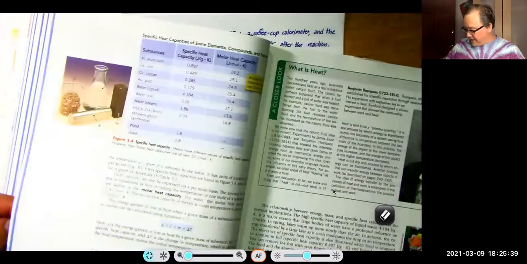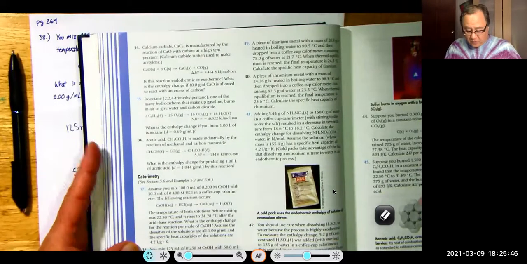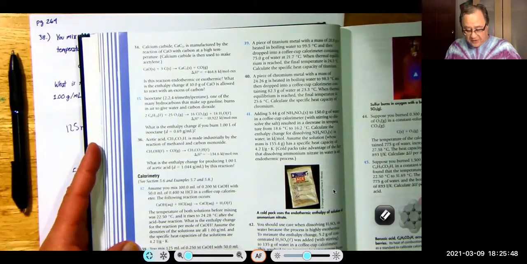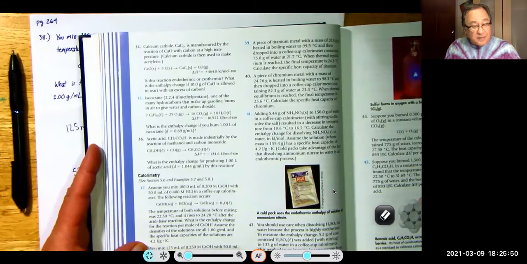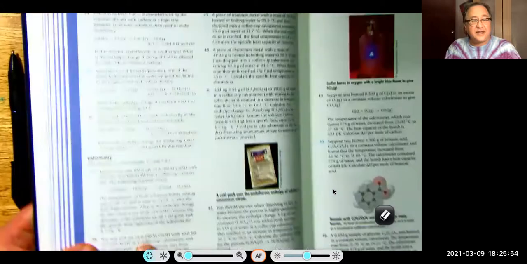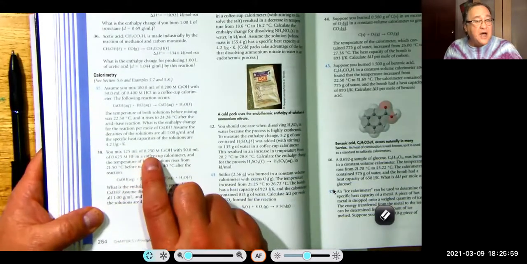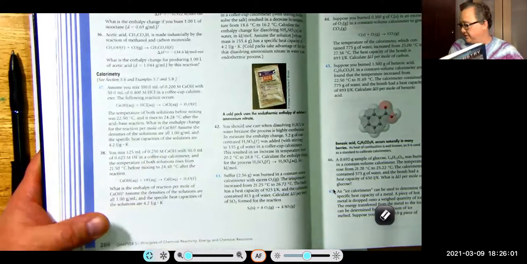Little page flipping. And here we go. Number 38, page 264, 125 mL of 0.250, look at that, 0.250 molar, not 2.50 molar.